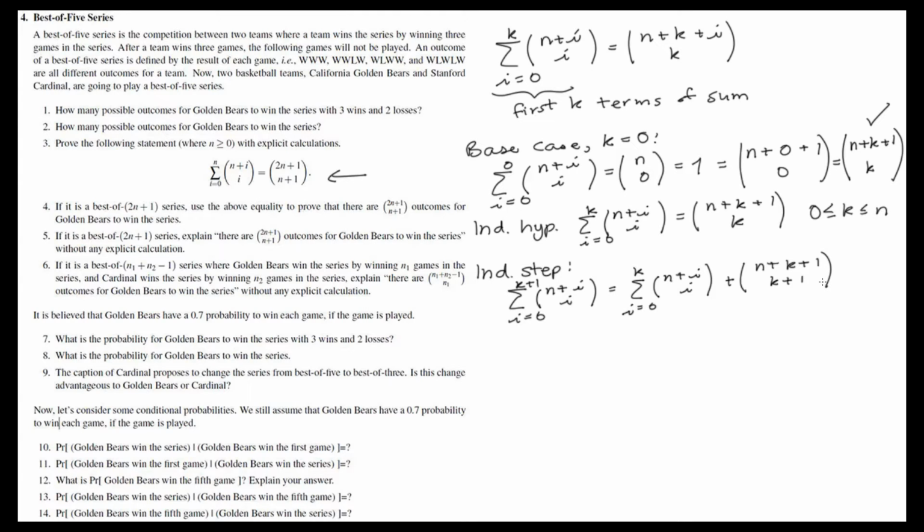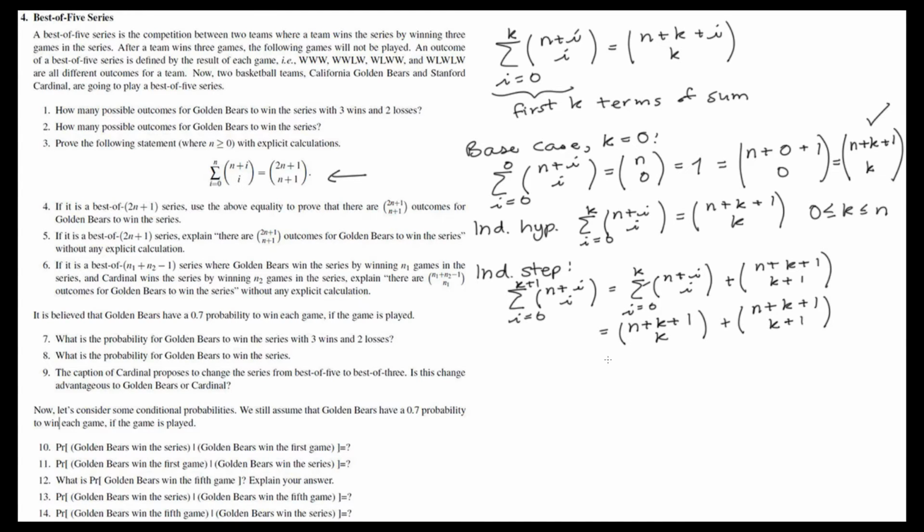So this is just splitting up the summation. And by our inductive hypothesis, we can write this piece here, the summation, as n plus k plus 1 choose k. And then we just keep this part from the previous line, k plus 1.